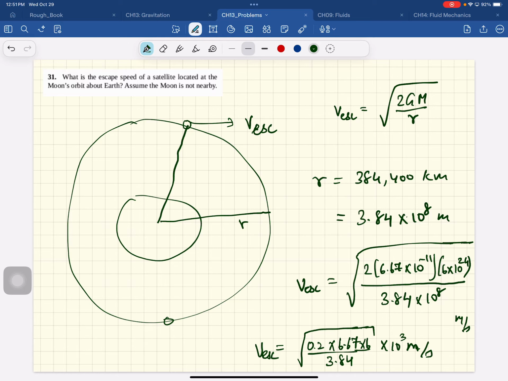Okay, what is it that we're expecting for the escape velocity to be greater than what? 1. Yep, so that number better be greater than 1.